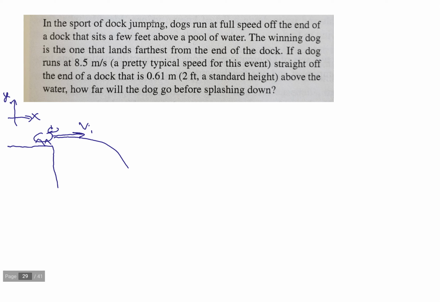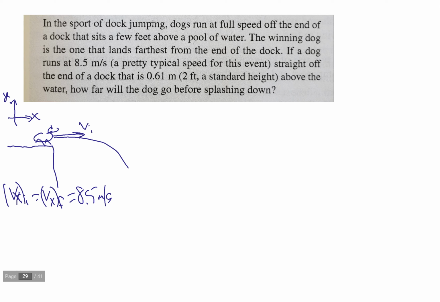So that's your velocity in the x direction, and that is your initial velocity in the x direction. Okay? Now, because the x direction velocity is going to be unchanging, that is also your x direction velocity final. Okay? It's unchanging. So this is 8.5 meters per second.